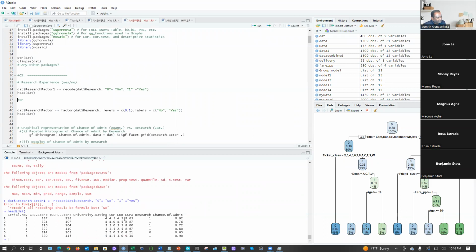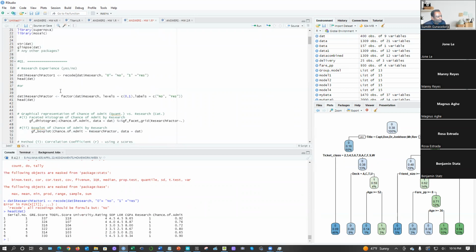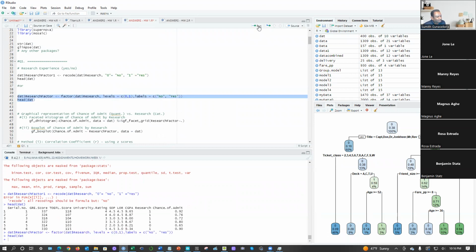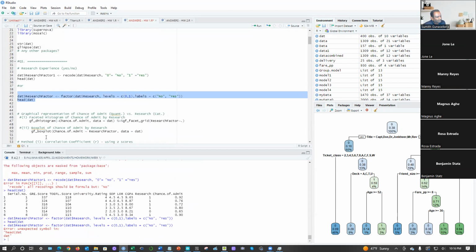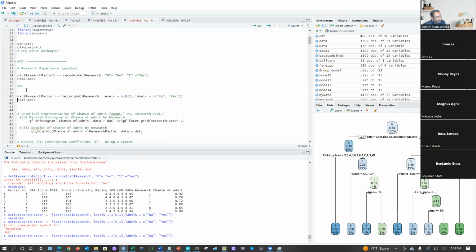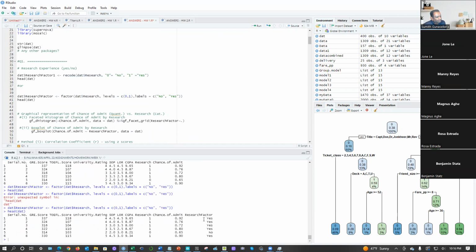Chance of admit, 1, 0, no chance of research factor, 1. I call it the research factor.